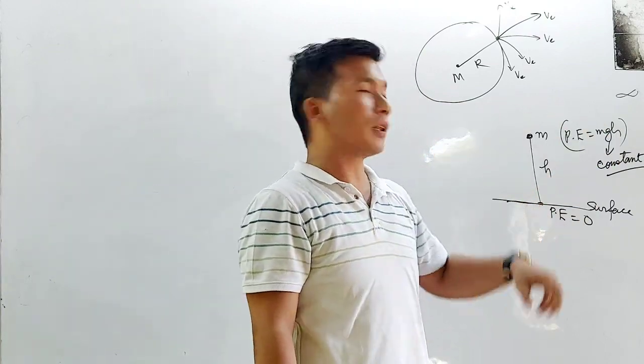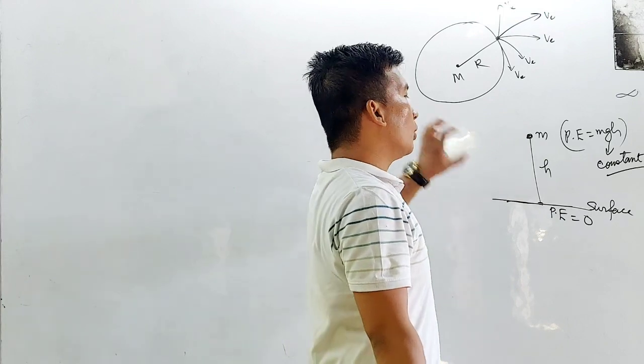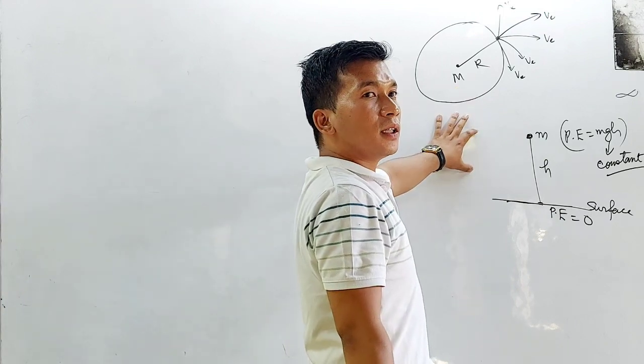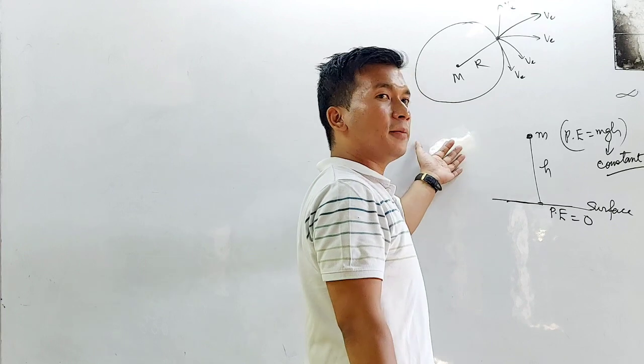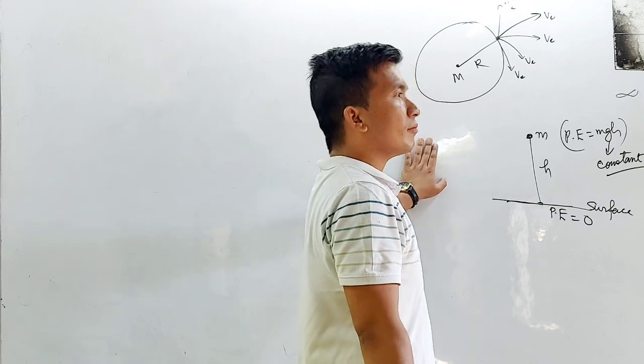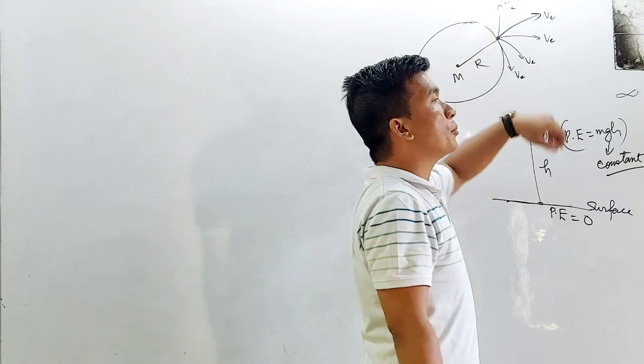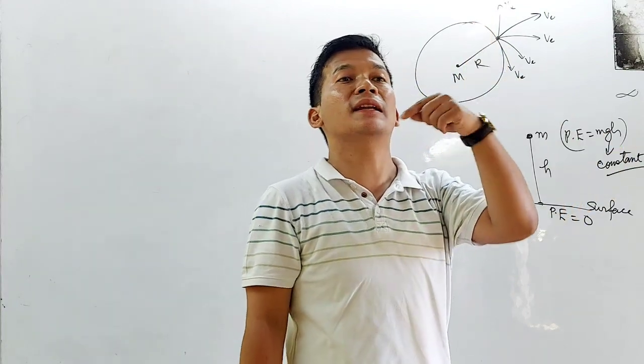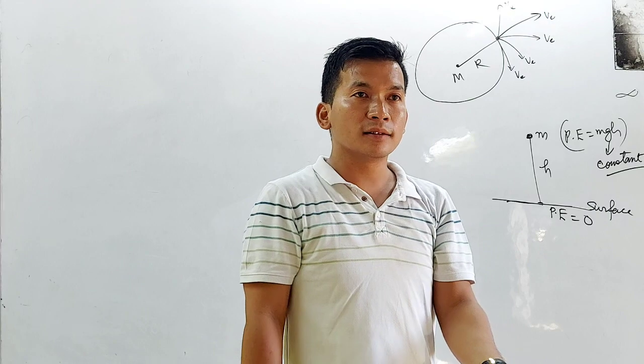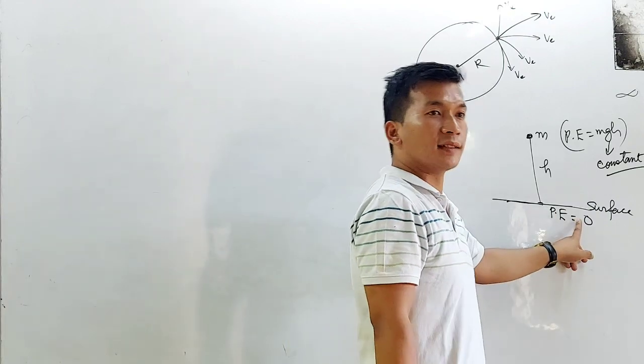Very simple. You have to identify the question. If the question is from your gravitation chapter, then on the surface of the earth, it will possess gravitational potential energy. This is only potential energy.